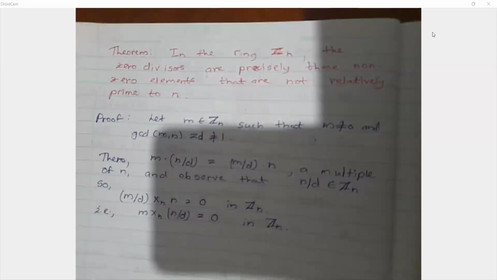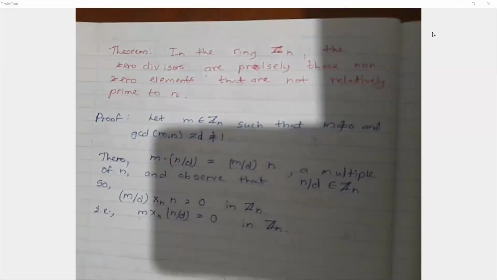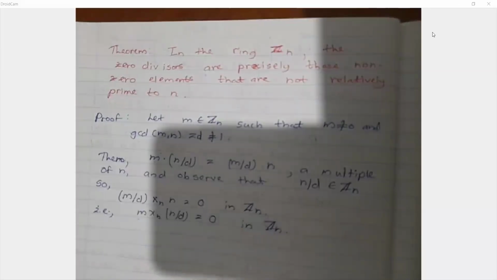You have m to be non-zero, and n over d is also non-zero because n is non-zero and d is non-zero. Their division in the usual sense gives a non-zero positive integer which is less than n. Now you have two elements that are non-zero in Zn, but the product itself gives you a 0.